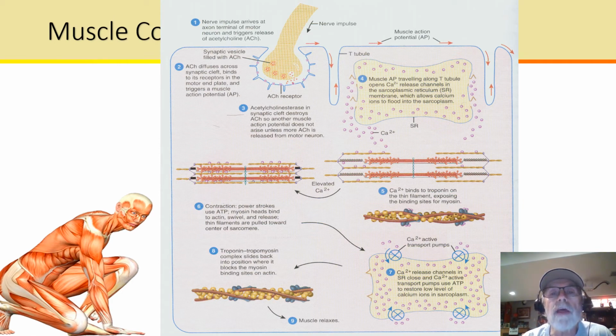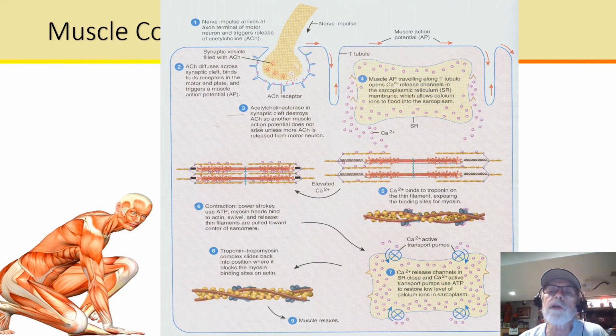So along that area of the sarcolemma in that synaptic cleft are acetylcholine receptors. The acetylcholine gets there, binds a receptor, and that causes stimulation. 3. The acetylcholinesterase in the synaptic cleft destroys acetylcholine, so another muscle action potential does not arise, unless more acetylcholine is released from the end of the nerve into that synaptic cleft.